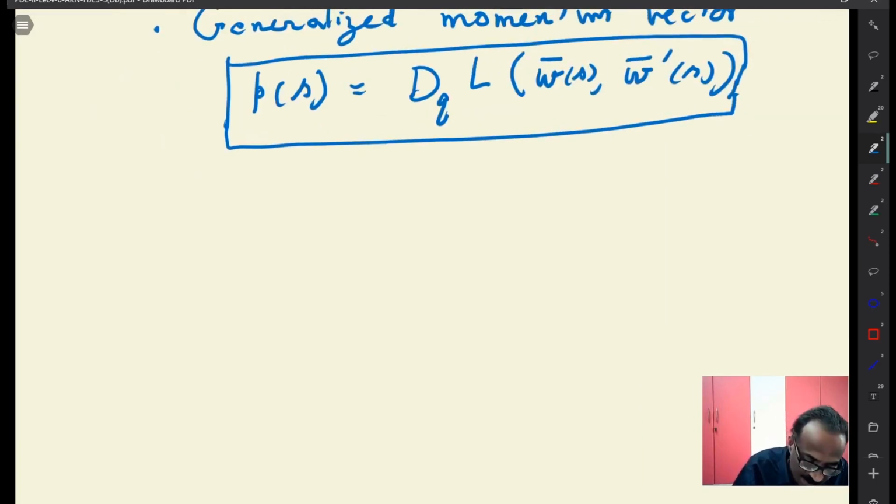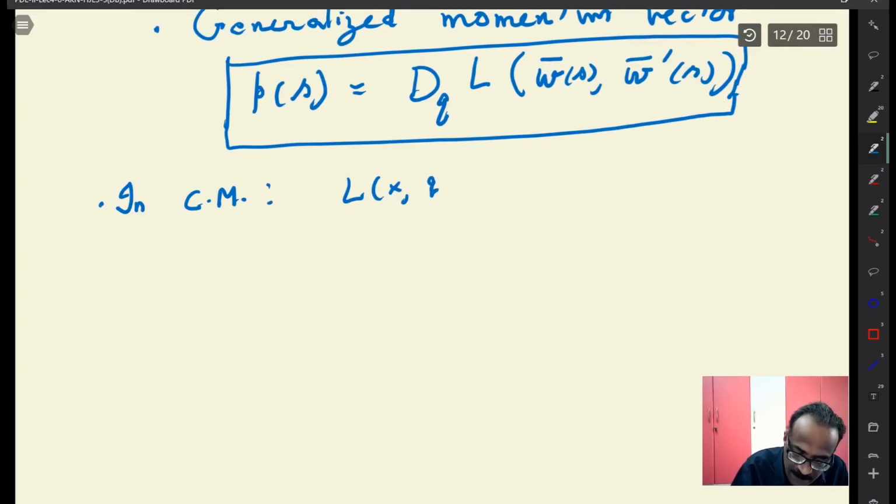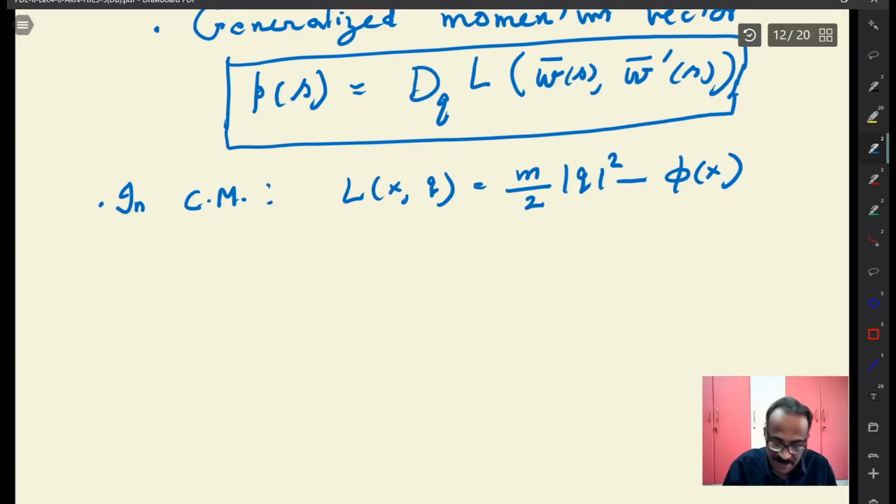Because in classical mechanics, what is your L of x, q? L of x, q is equal to the kinetic energy minus the potential energy. So what is d_q of L here? d_q of L is nothing but m times q.